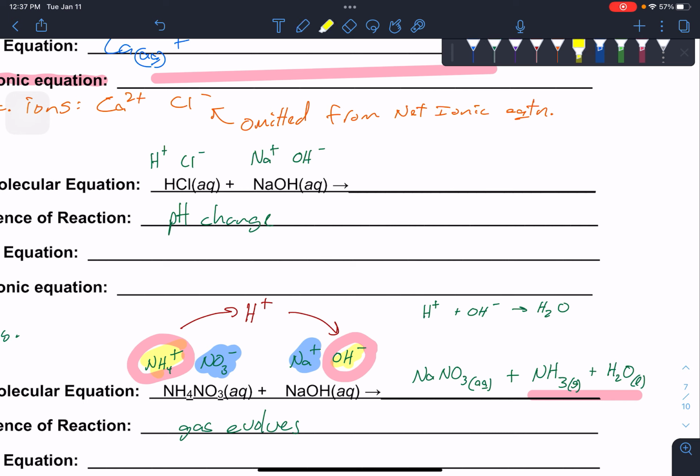But same kind of thing. We've got the cation and the anion. Well, that's going to form, I'll just write it in, that's water. And then HCl or NaCl, those are the spectator ions. It just forms a sodium chloride solution.